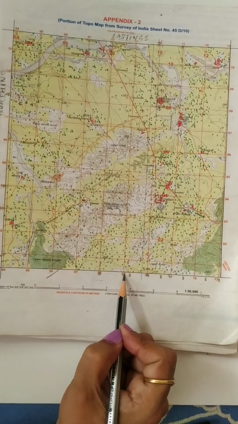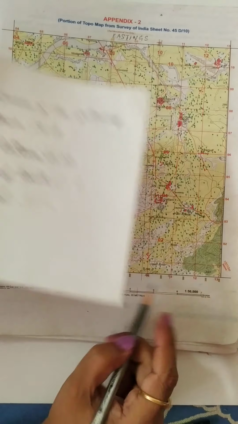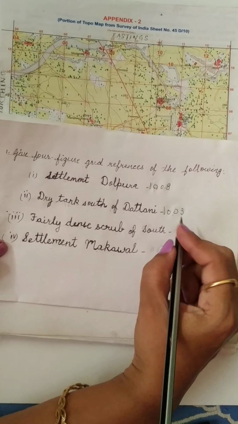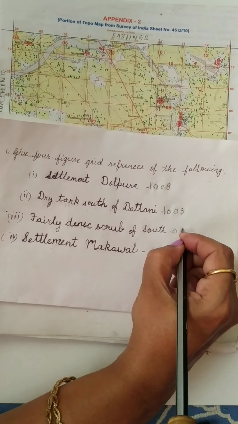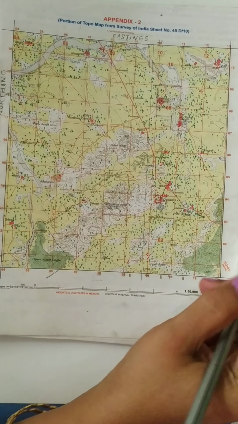So we take the lesser number. 08 is less than 09. So first we'll write the eastings. Eastings will be 08. Now we'll take the northings.